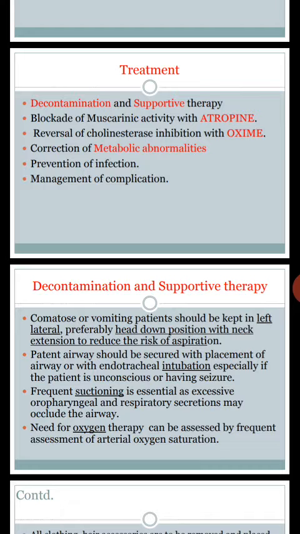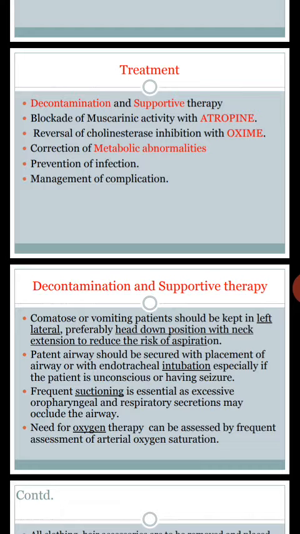Organophosphorus compound poisoning generally occurs either by ingestion or by inhalation. Organophosphorus compounds are highly lipid soluble. They have the capacity to enter the systemic circulation by any means. Even after contact with the skin, they are absorbed quickly into the systemic circulation.